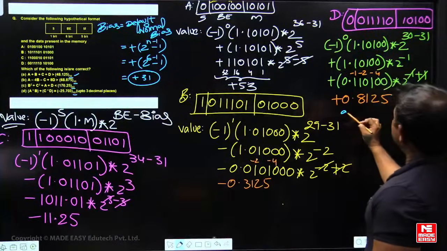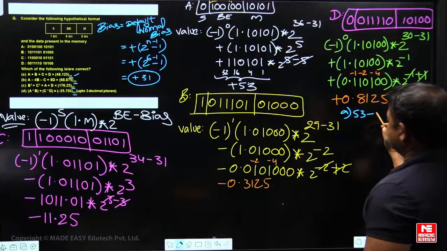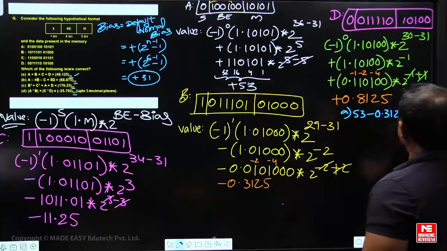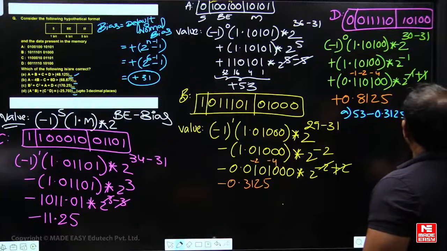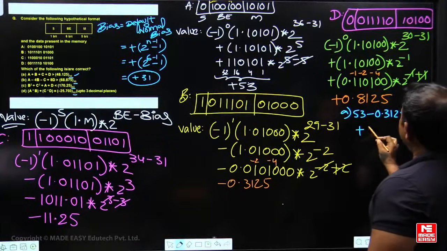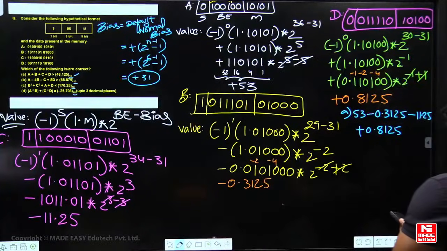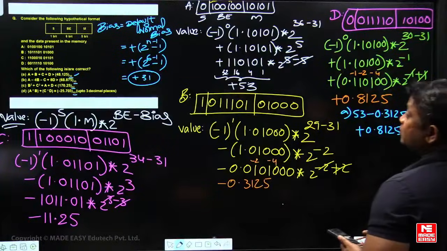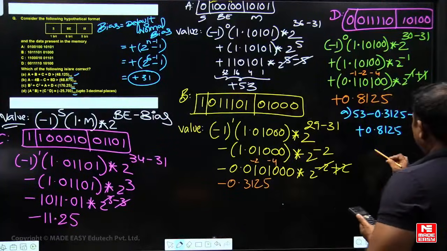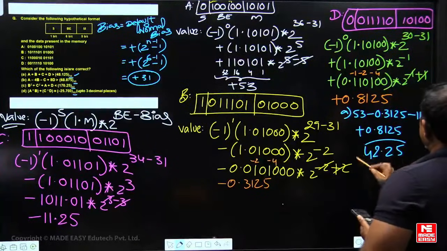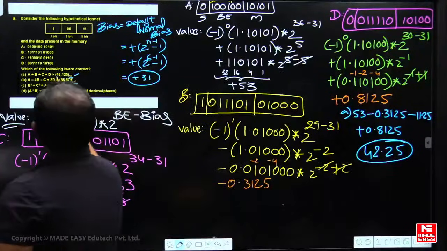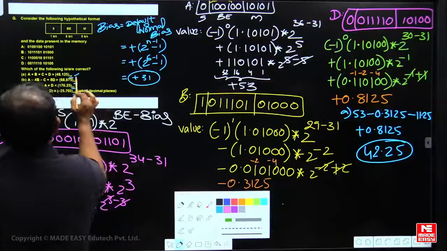A plus B plus C: 53 plus minus 0.3125, minus 7.5, plus 0.8125. This is 42.25. Now is it matching? Greater than? No, it is false.